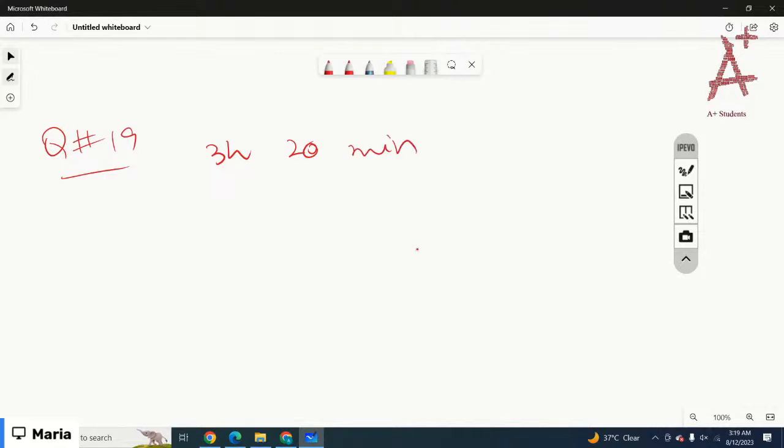First, just convert it into minutes. 3 hours means 3 times 60 minutes, and plus 20. 3 times 60 is 180 and plus 20. That means the total time is 200 minutes, right?